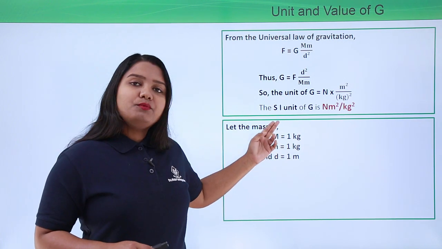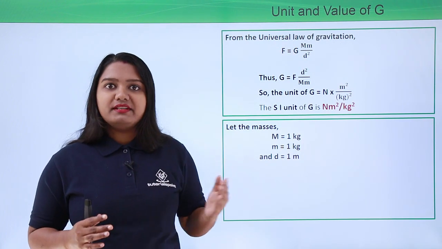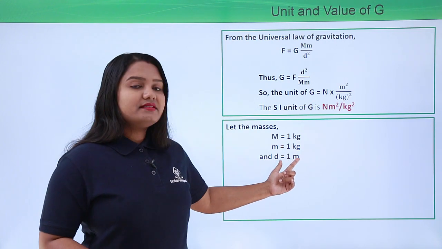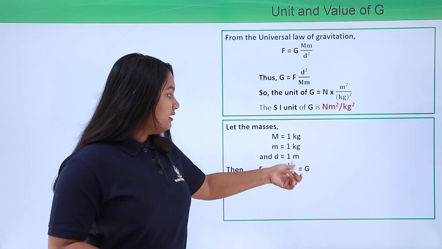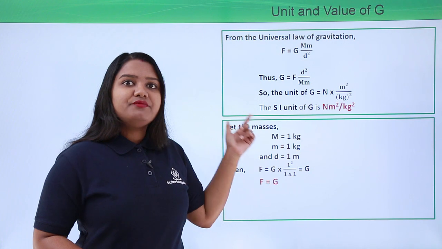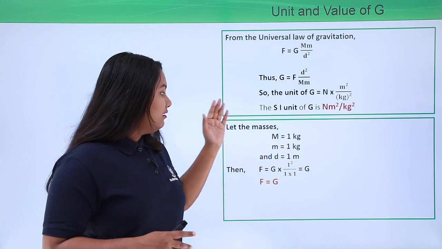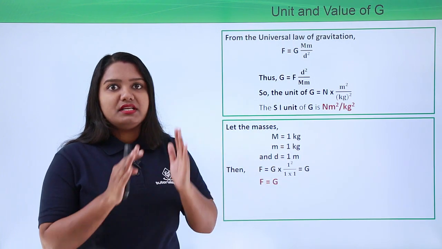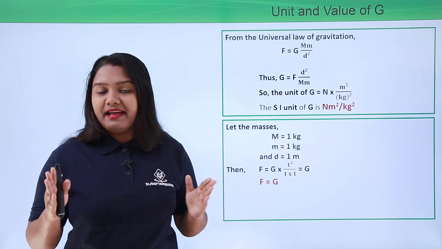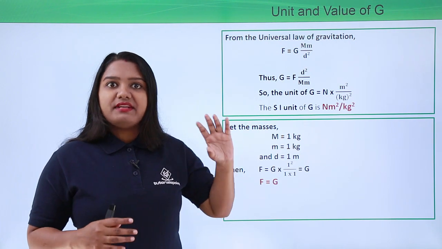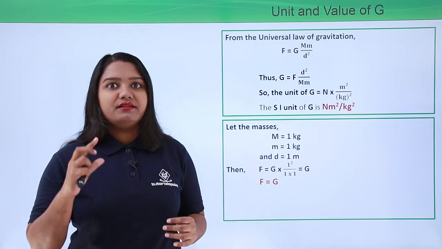So here let us take both the masses to be 1 kg each, that is capital M is 1 kg and small m is also 1 kg, and they are separated by a distance of 1 meter, let's say. Now in that case these quantities become unity, and thus the force of attraction, the gravitational force, exactly equals the universal gravitational constant, which is F equals G. So if we have two bodies of unit mass separated by a unit distance, then the force of gravity is exactly equal to the universal gravitational constant.